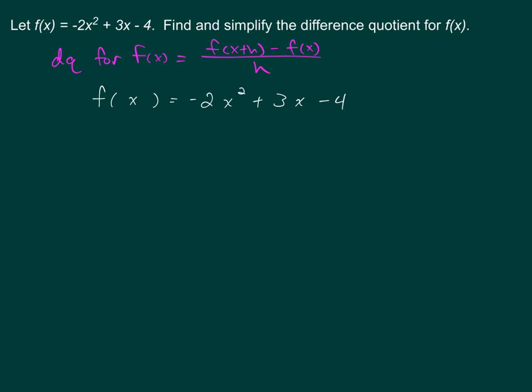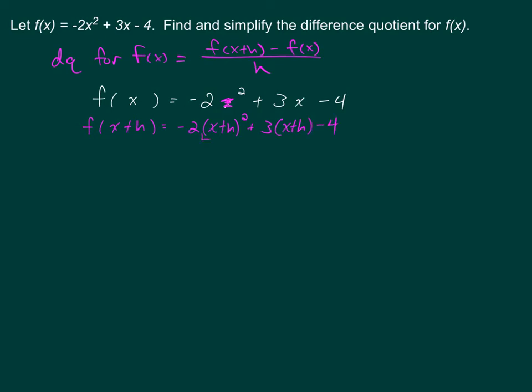So f of x plus h is what you get when all of the x's are replaced with x plus h. We just come over here and we write -2. This x won't be here anymore. It'll be x plus h squared plus 3 times x plus h minus 4.